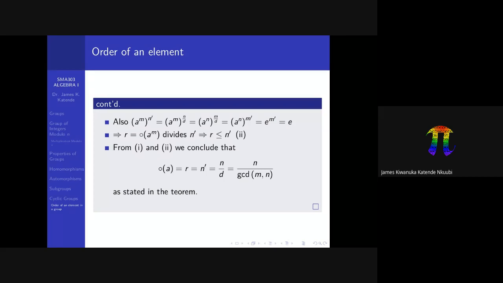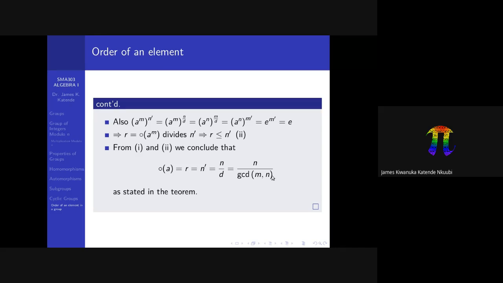So R must be equal to N prime because of those two inequalities. And we know that R is just the order of A^M, but N prime is the same as N over D, which is N over the greatest common divisor of M and N, which is exactly what we were looking for.